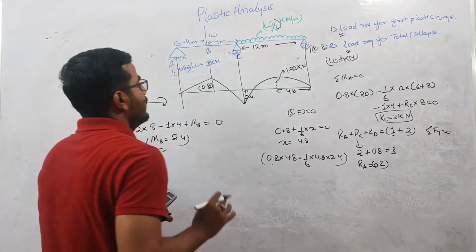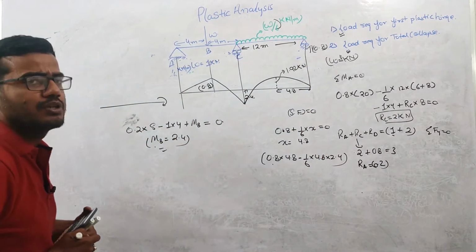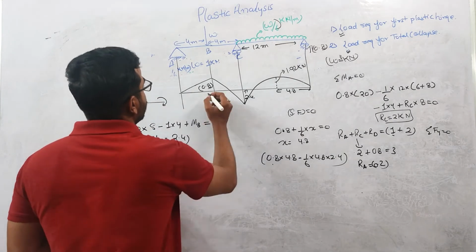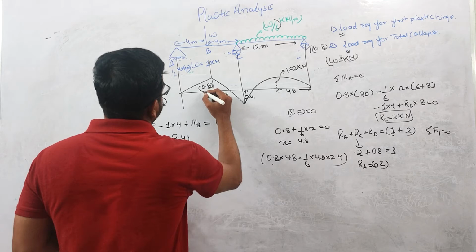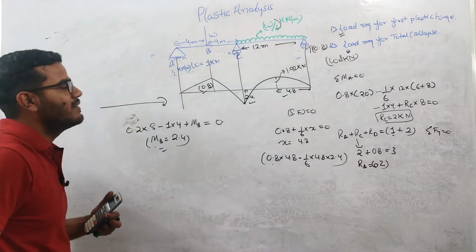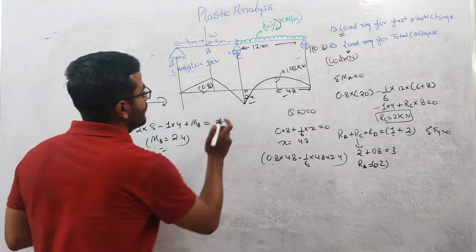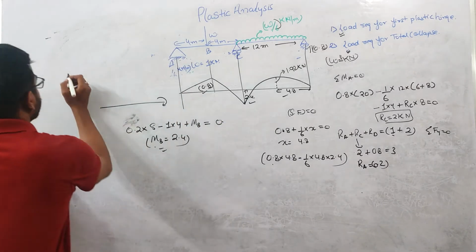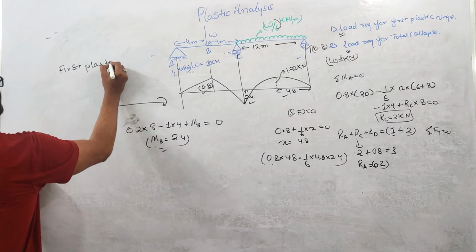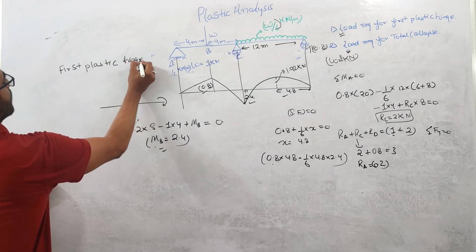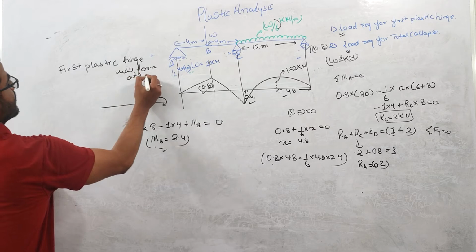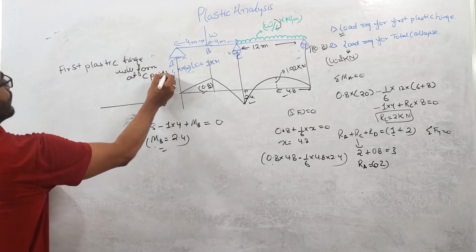Now you can see that at the critical positions where the maximum bending moments occur, we find these values: 0.8, 2.4 and 1.92. Now you can clearly say that the first plastic hinge will form at C point.